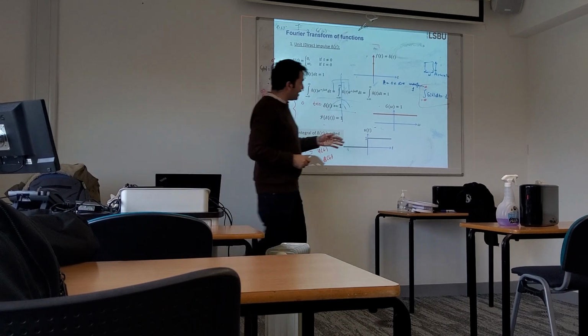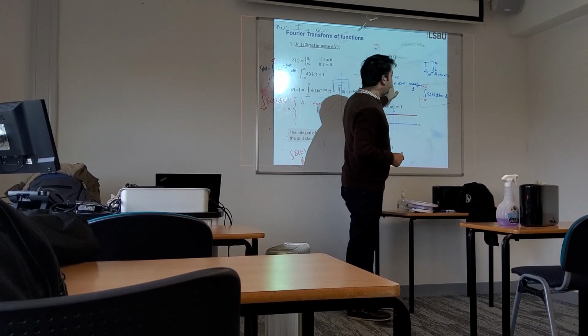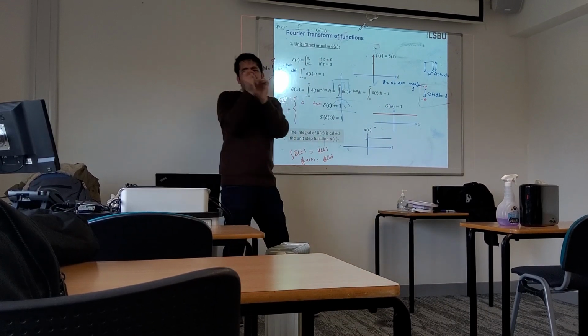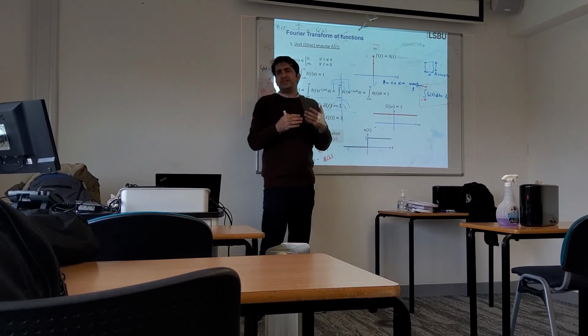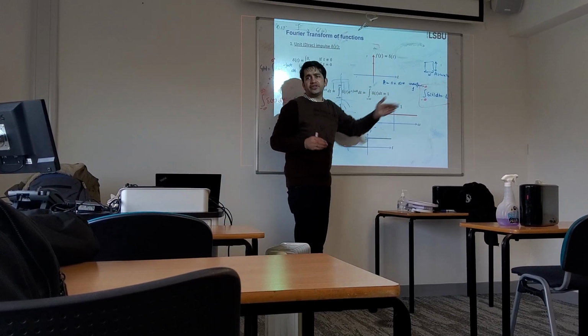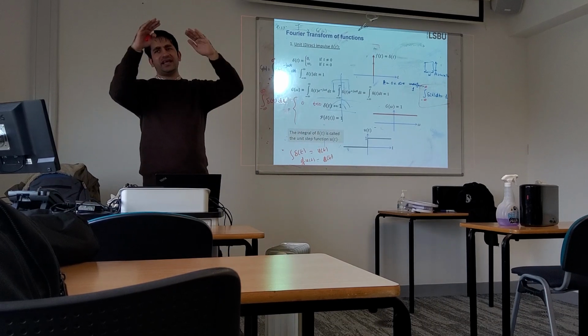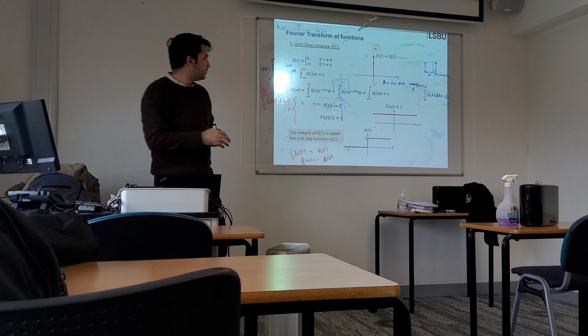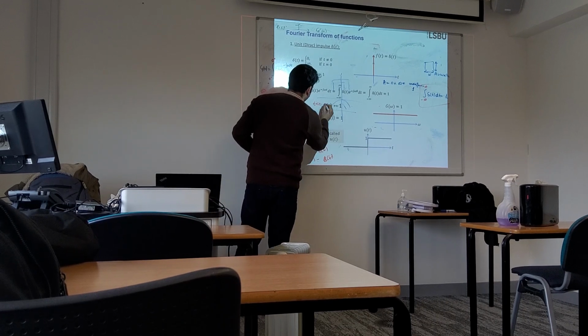However, as soon as t is 0 or slightly greater than 0, this stays at 1. So for t greater than 0, this integration would be 1, because we equate it to 1.